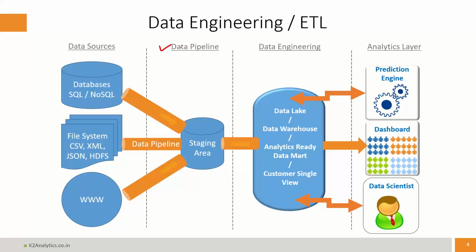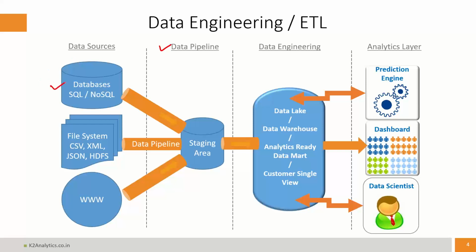If you are coming up with a new terminology, you need to come up with a new terminology to replace the old terminology ETL. So in data engineering, the terminology used is data pipeline. The thing remains the same. Only the terminologies change.